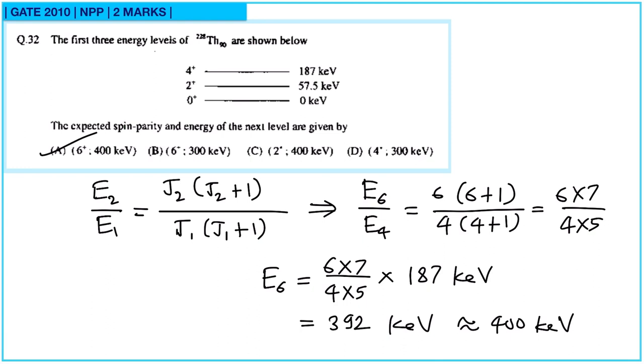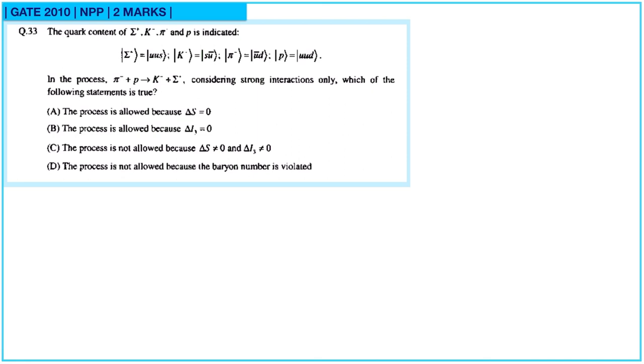Next question. The quark content of this is indicated here and the process is given. Considering strong interaction only, which of the following statements is correct? So this is the interaction: pi minus plus proton gives kaon minus plus sigma plus. Now let us consider whether the process is allowed, and here spin and isospin are considered.